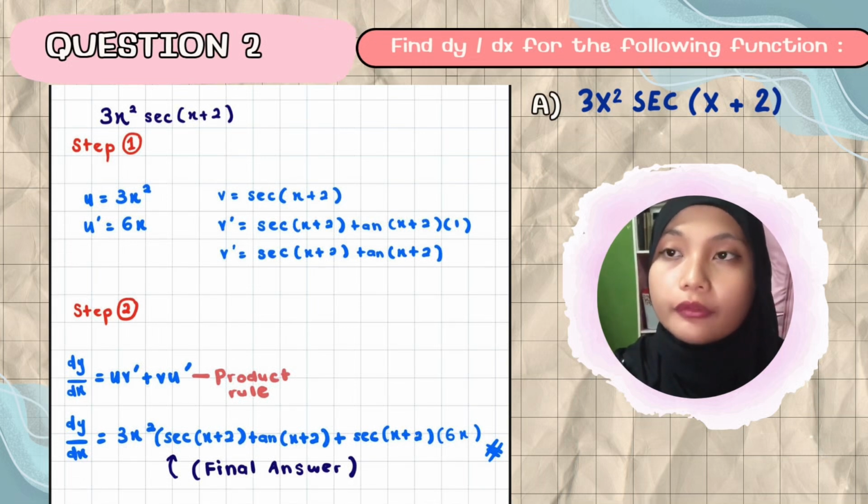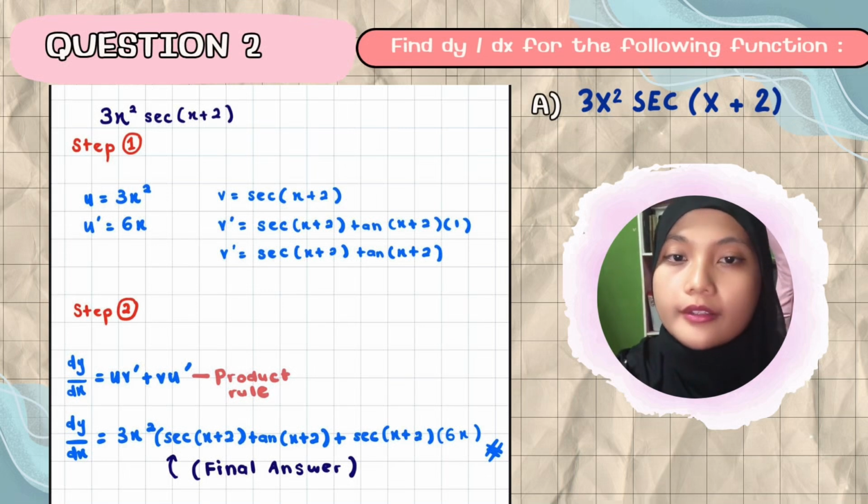Okay, so the formula for the product rule is dy/dx equals uv prime plus v u prime. We already calculated u, u prime, v and v prime, right? So we just substitute them into the formula.